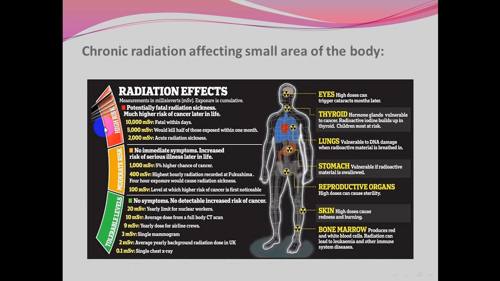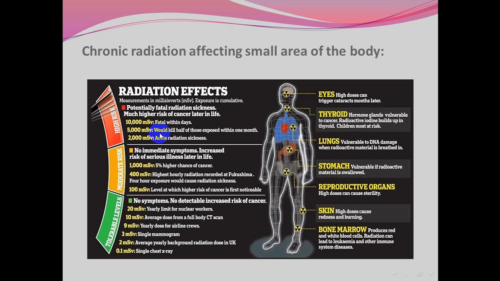When the dose is in the range of 5,000 millisievert, it would kill half of those exposed within 1 month, while when the dose is 2,000 millisievert, acute radiation sickness will be seen in the patient exposed to radiation.